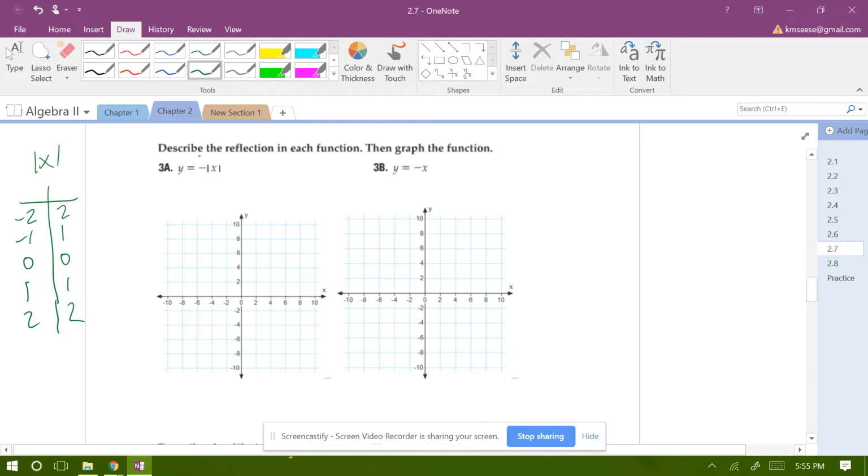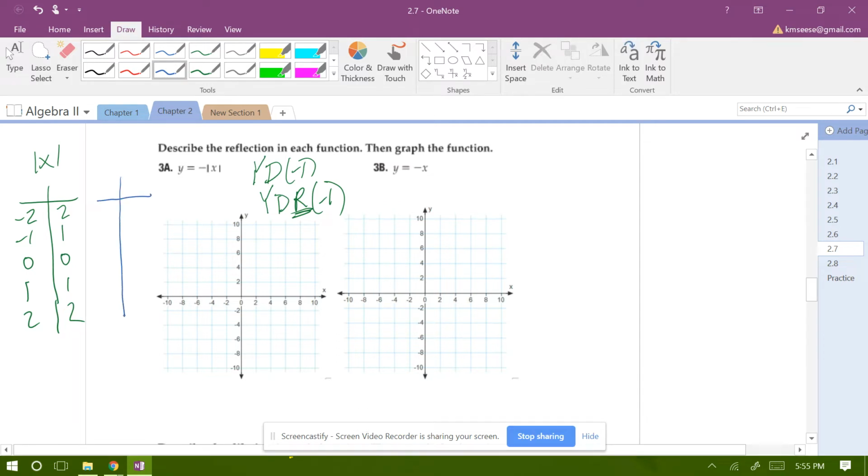If it was inside the absolute value sign, it would be affecting x. Since it's outside the absolute value sign, this is going to affect my y values. So we call this a y dilation of -1, or you could call it a y reflection of -1. That means every y value is really just going to be multiplied by -1.